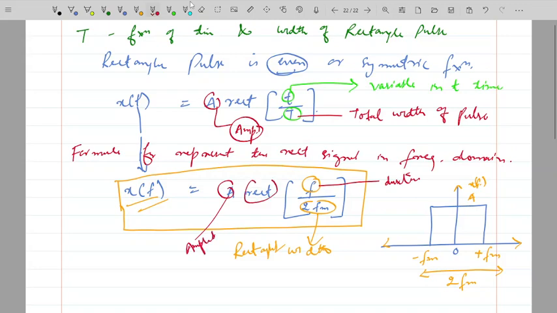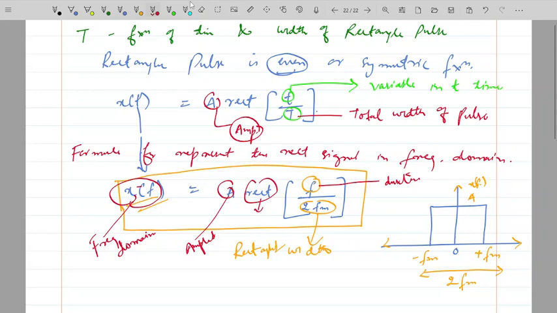This RECT represents the rectangular pulse, and x of f is the signal in the frequency domain. This one is the frequency domain signal of the rectangular pulse.